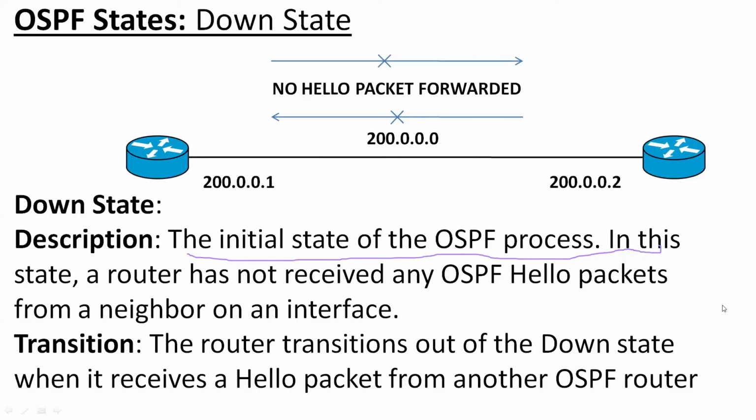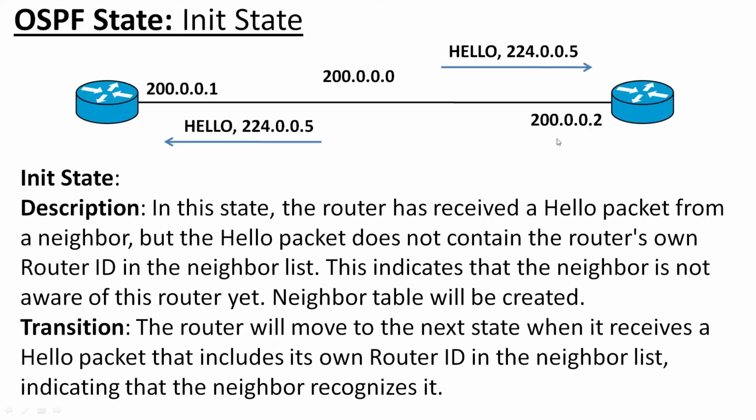Okay, let's talk about the next state. The next state is the init state. If I talk about the init state, a hello packet will be generated whenever we advertise this network on the routers.